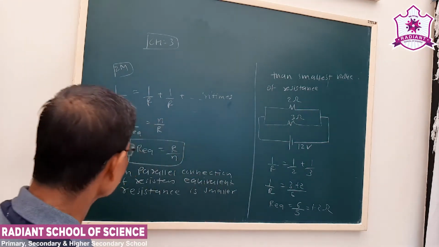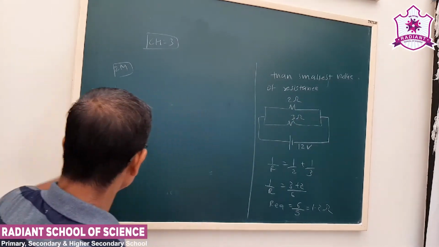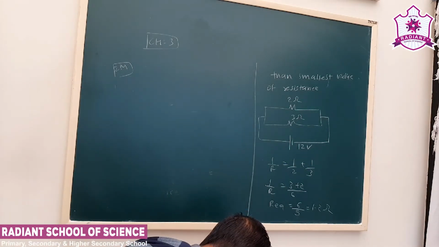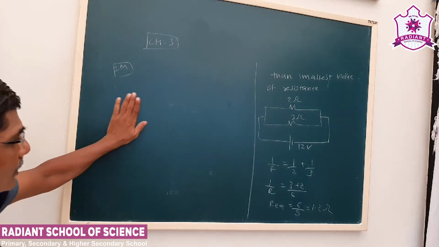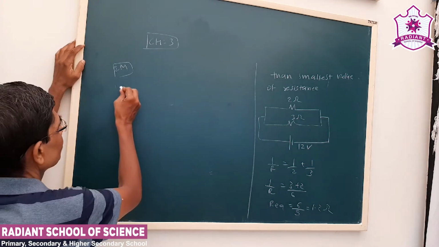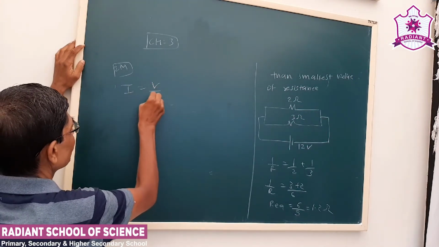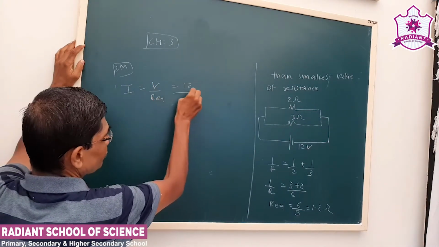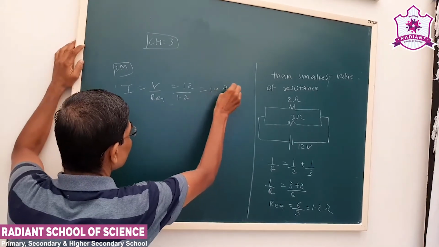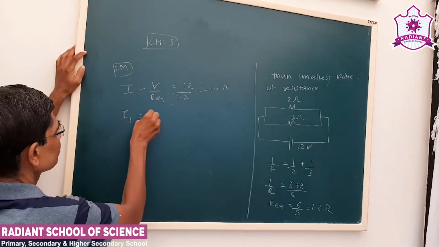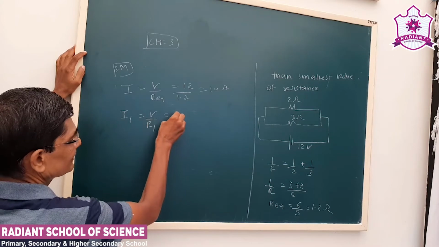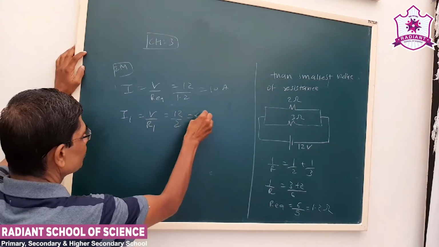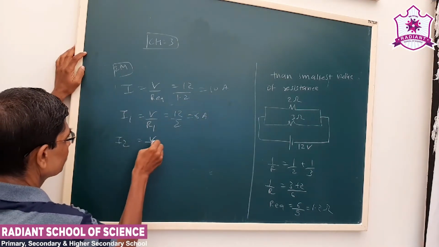Now next we see the current division in parallel resistance. So total current I is V upon R equivalent, 12 upon 1.2, that is 10 ampere. Now what will be I1? V upon R1, 12 upon 2 is 6 ampere. I2 is V upon R2.